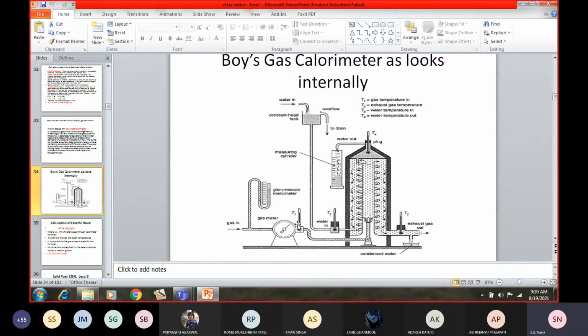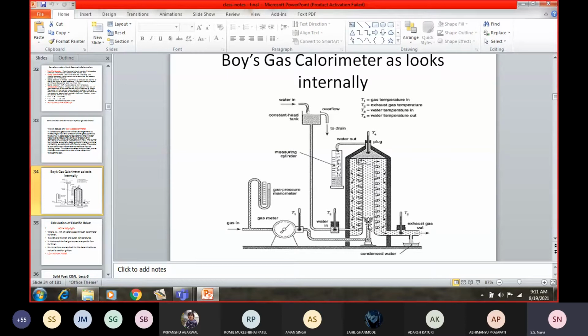Then you can record the temperature of the gas which is coming here as T1. Then it goes into this burner which is attached to the Boyle's gas calorimeter. The fuel gas for which you want to determine the calorific value comes to this burner, and you can ignite it by a simple lighter or matchstick.